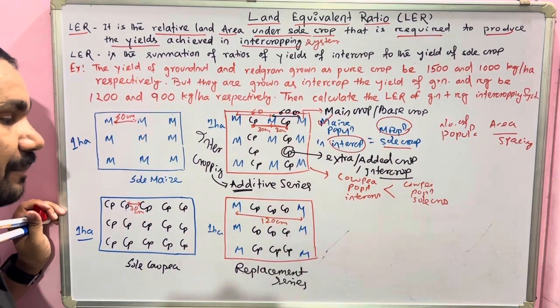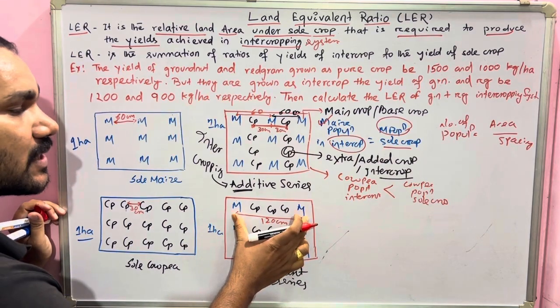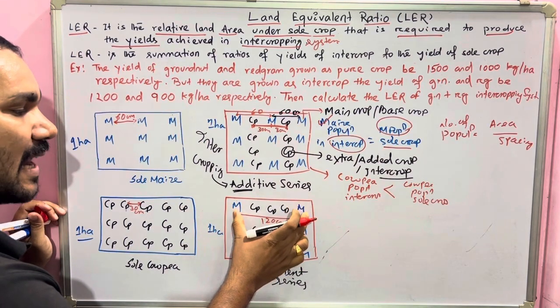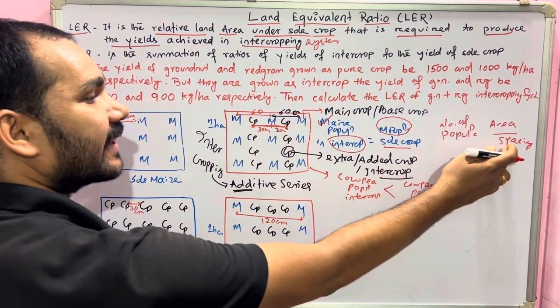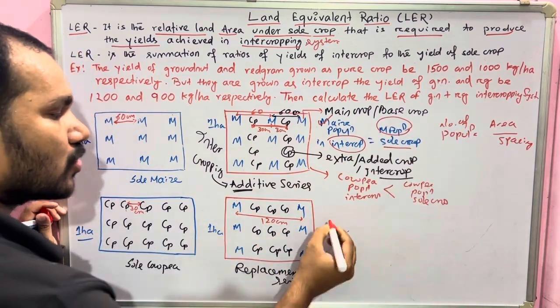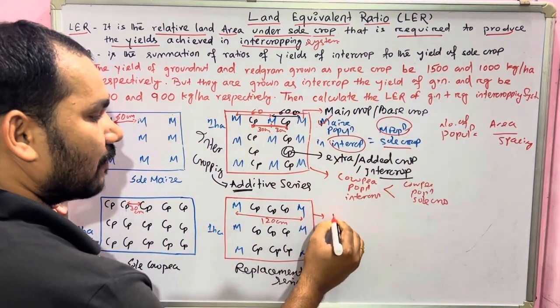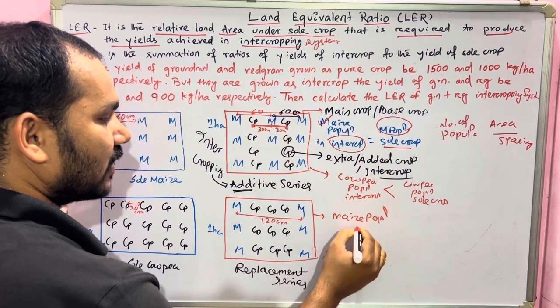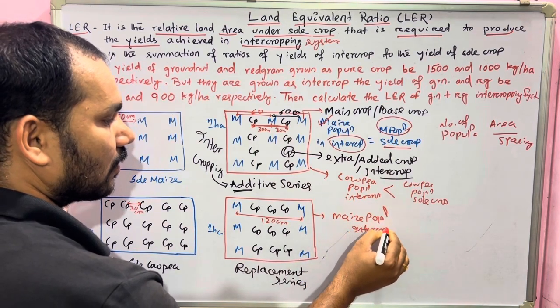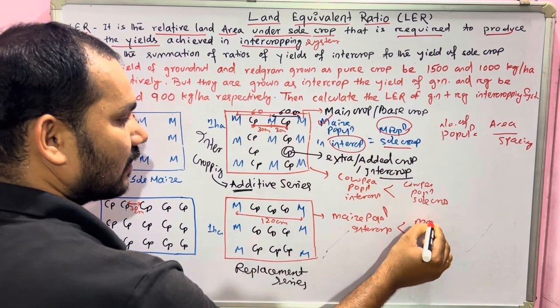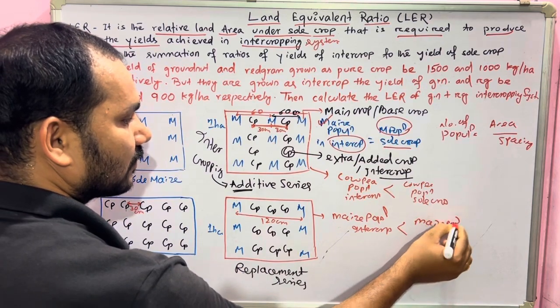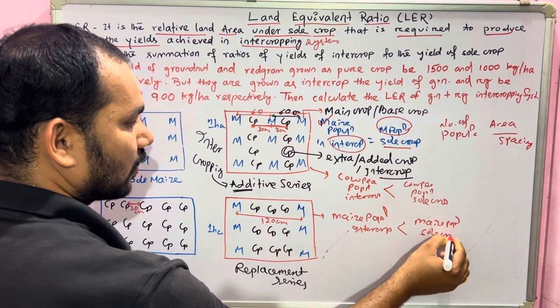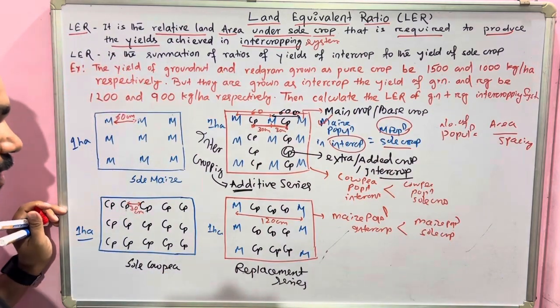Yes or no? As the spacing between the rows increases, the population will decrease. So here the maize population in intercrop is less than the maize population in sole crop. Very simple.